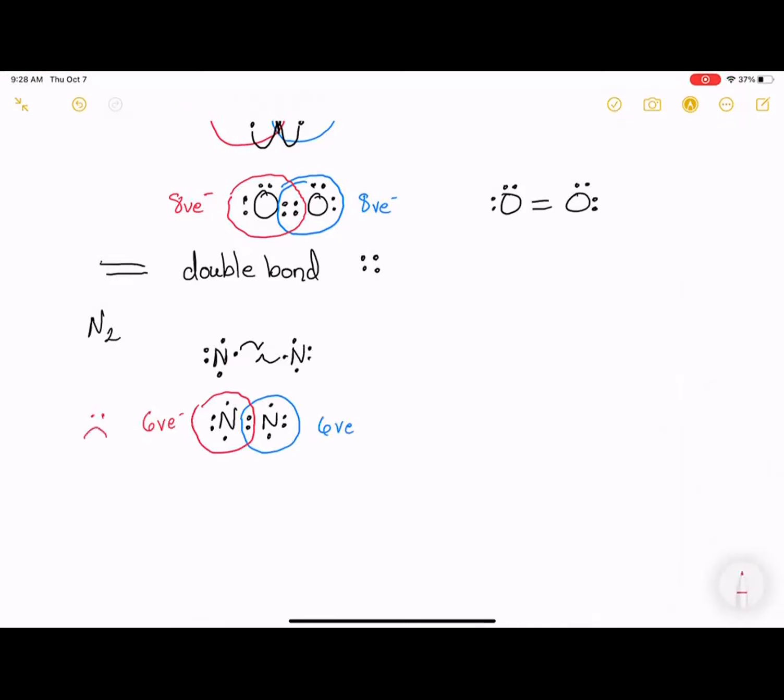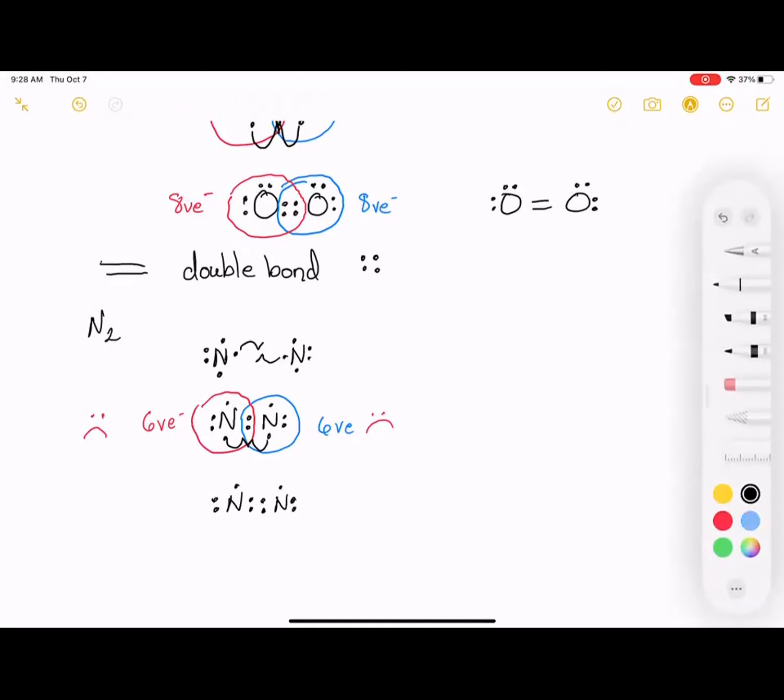Neither one is happy at this point because they need an octet. So we're going to share another pair of electrons between the atomic nuclei. When we do so, the right-hand nitrogen views all of the electrons shared as belonging to it.